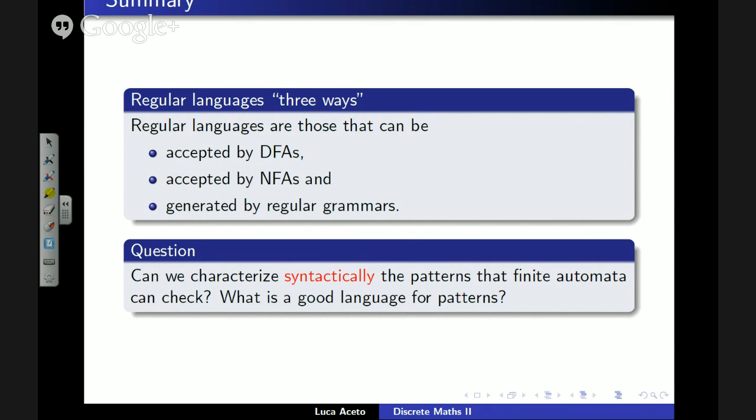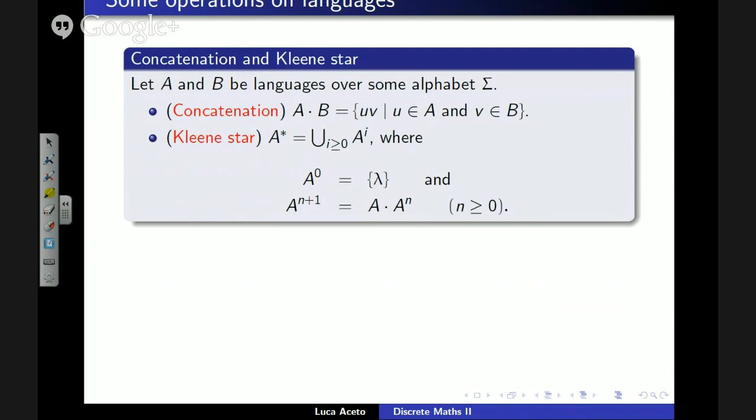And of course, the answer is yes, because otherwise the lecture will be over. And we could go back and work on the question that your colleague here in the first row was asking before. So what are these patterns? Well, there's something that you already know and love, namely regular expressions. Regular expressions are a language for describing the patterns that finite automata can check.